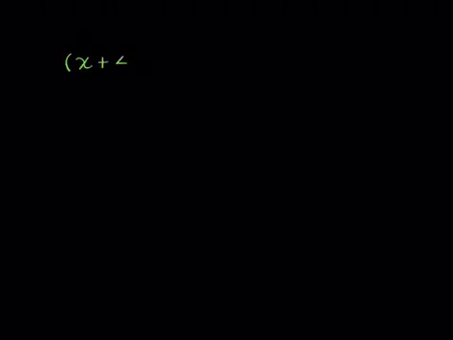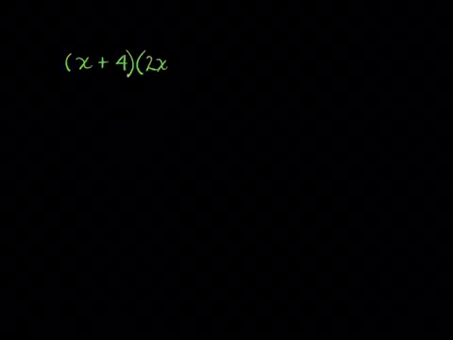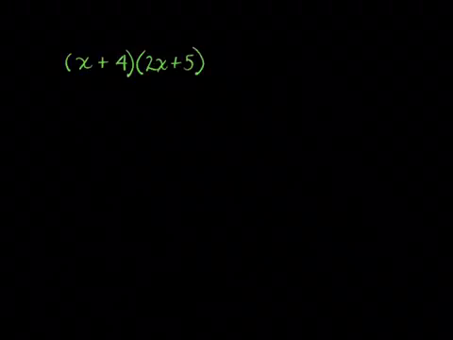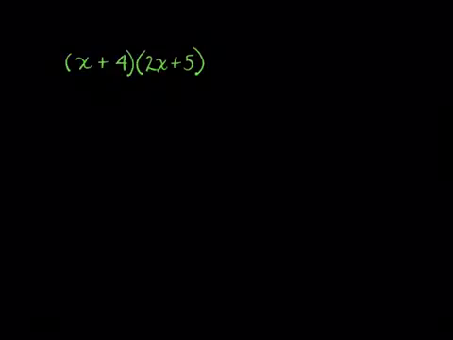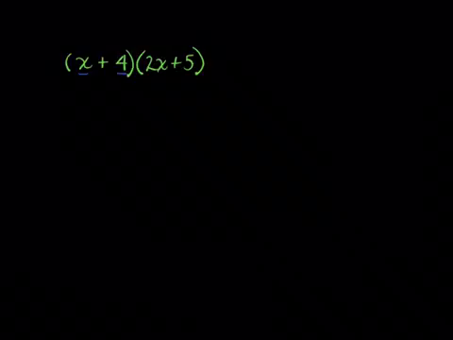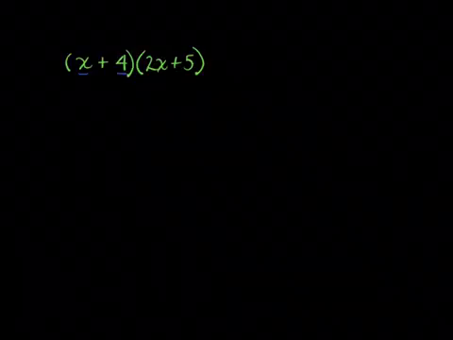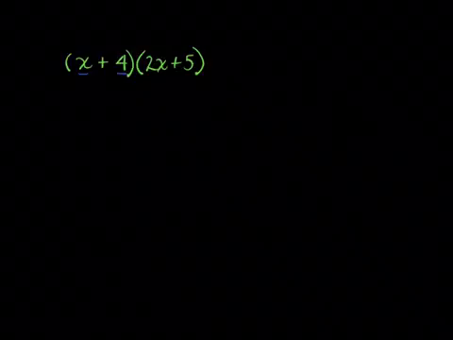binomials. So let's multiply the binomial x plus 4 times 2x plus 5. And first we're going to do this using the distributive property, and therefore we have to take each term in our first factor and distribute it to each term in the second factor.